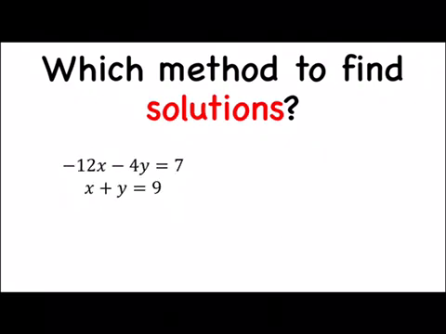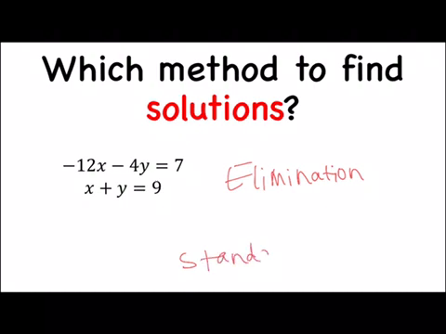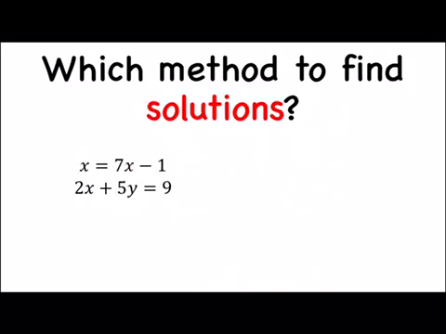Graphing, elimination, or substitution? Elimination. We would use elimination because they are both in standard form. They both have x and y on the same side of the equals. Which method to find solutions? Graphing, substitution, elimination? Substitution.